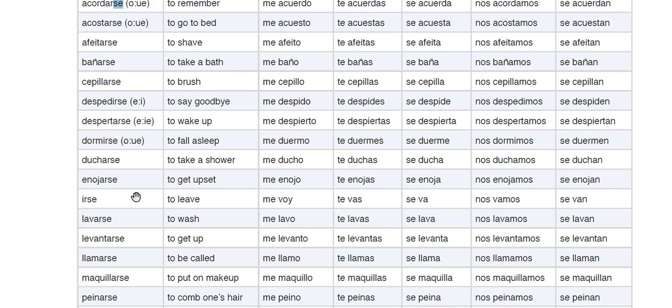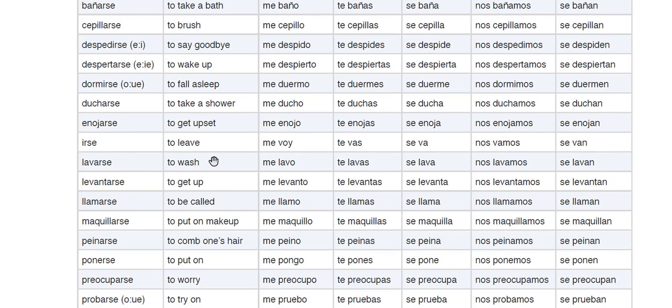So if somebody is just leaving the house because they're angry and they walked out the door and shut the door, and you want to say that they're leaving, then irse would be the verb to express that. So no implied destination, irse; ir is preferred when there is an implied destination.